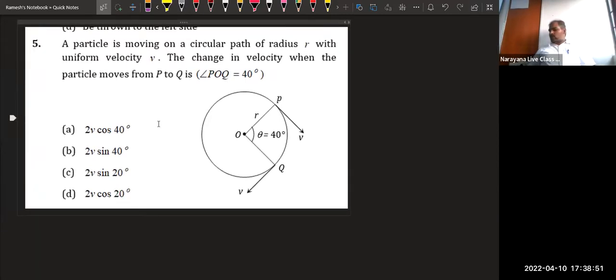A particle is moving on a circular path. Radius is given. With a uniform velocity. It is actually a printing mistake. Uniform speed, you should say, because direction changes. He's asking to calculate the change in velocity. So please change it: it is uniform speed, and find the change in velocity.